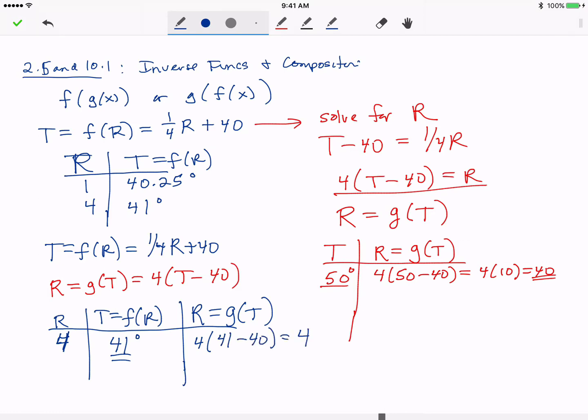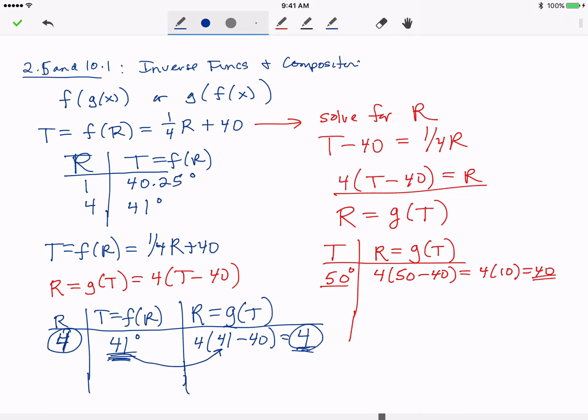You will get 4, for the chirp rate. So if you start with a chirp rate of 4, use the function f of r, then take that 41 degree number and put it into the other function, you get the same number out that you started with. Okay, this is characteristic of what are called inverse functions.